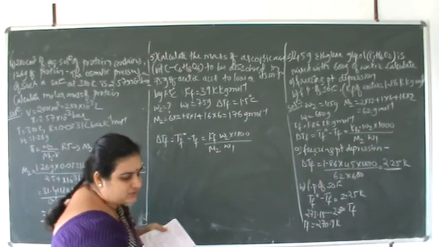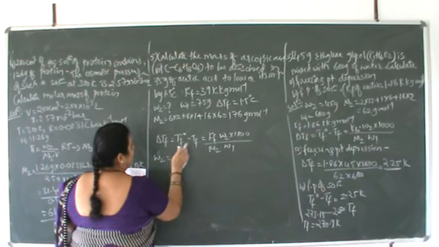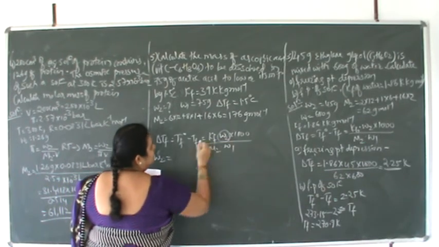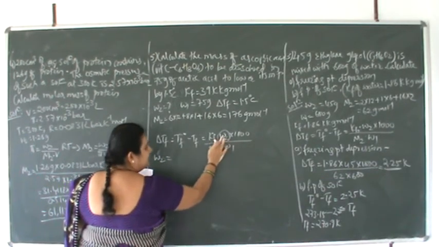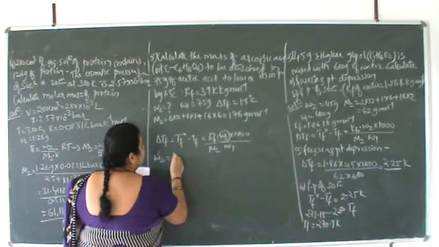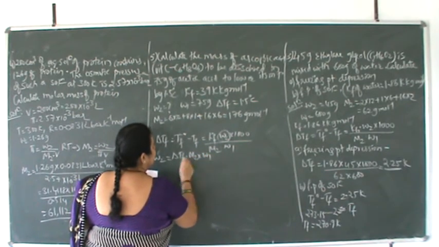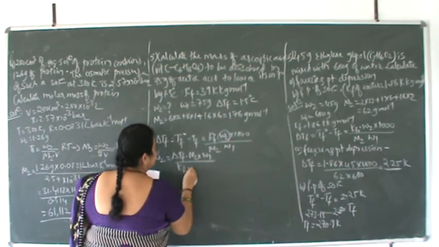Now it is time to simplify the equation. We want the quantity W2, so keep W2 here, and the other quantities we just transfer. W2 is equal to delta Tf into M2 into W1 divided by Kf into 1000.